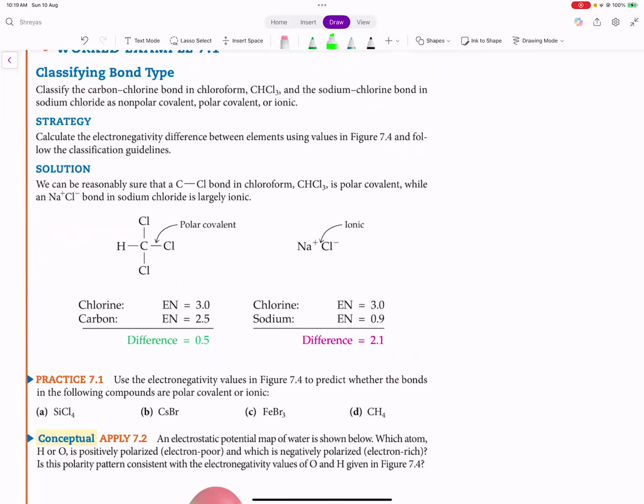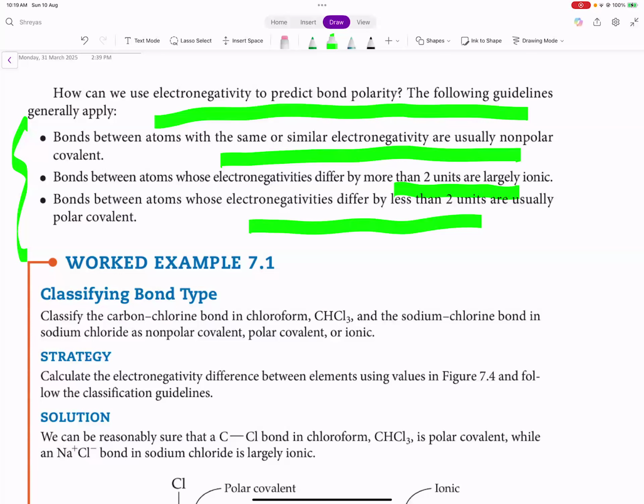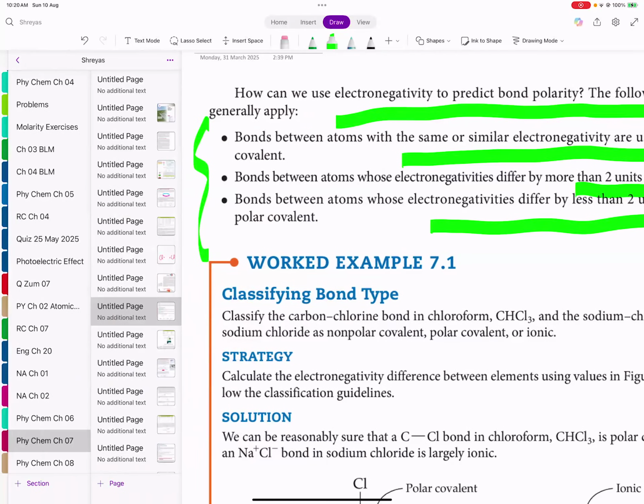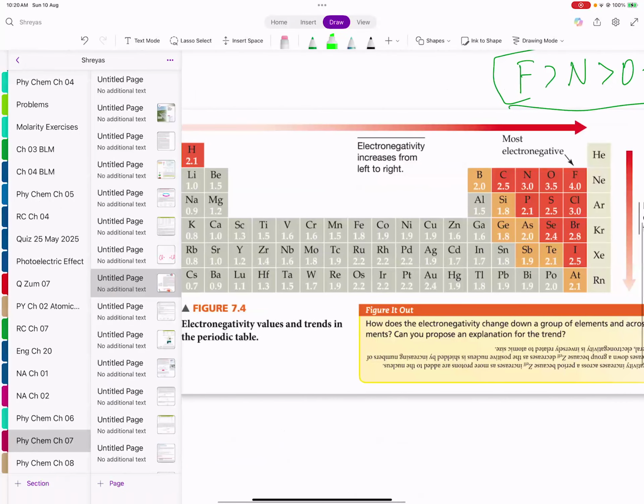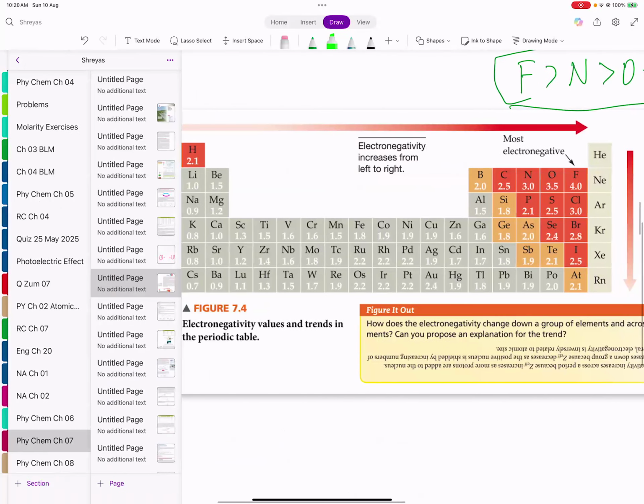See, the hydrogen electronegativity is 2.1. You can take a photograph of this because we need it in the next question.